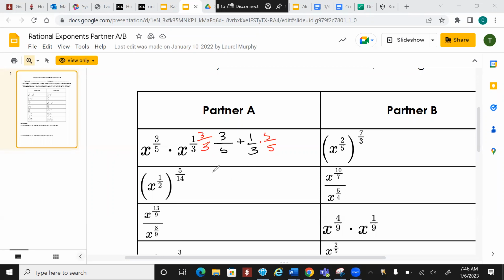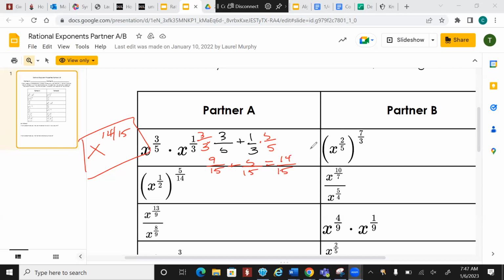When I multiply that out, that's going to give me 9 over 15 plus 5 over 15. Now I'm going to add straight across, so that's going to give me 14 over 15. That's not the final answer. The final answer is written out as x raised to the 14 over 15. If you do not want to do all of that fraction nonsense, use your scientific Desmos calculator. There's no reason why you should get any of these fractions wrong.